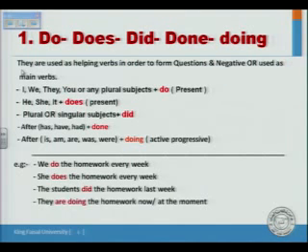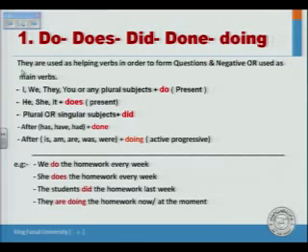Number 4: they are doing the homework now or at the moment. So now or at the moment is called the present continuous or present progressive. We will discuss this in detail when we talk about verb tenses, the present, past, and the future.